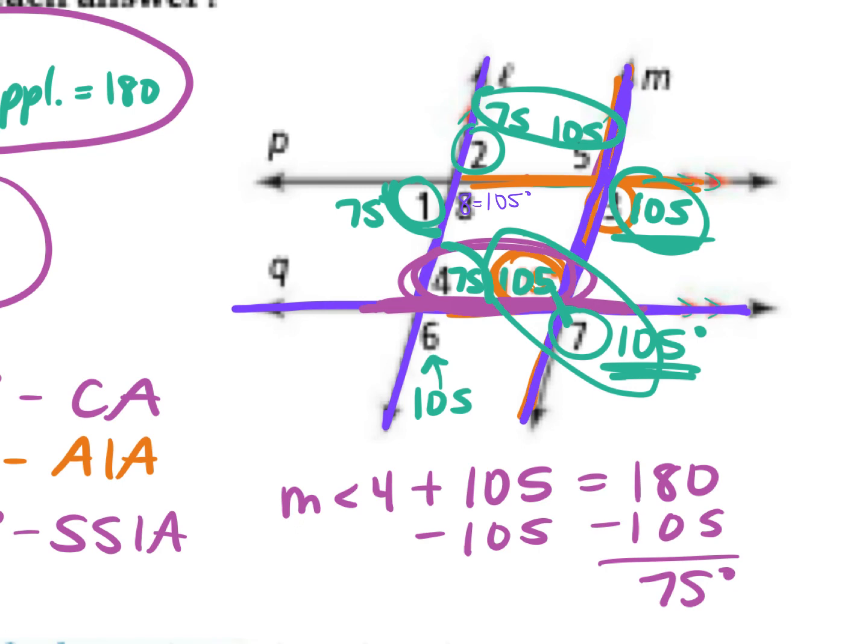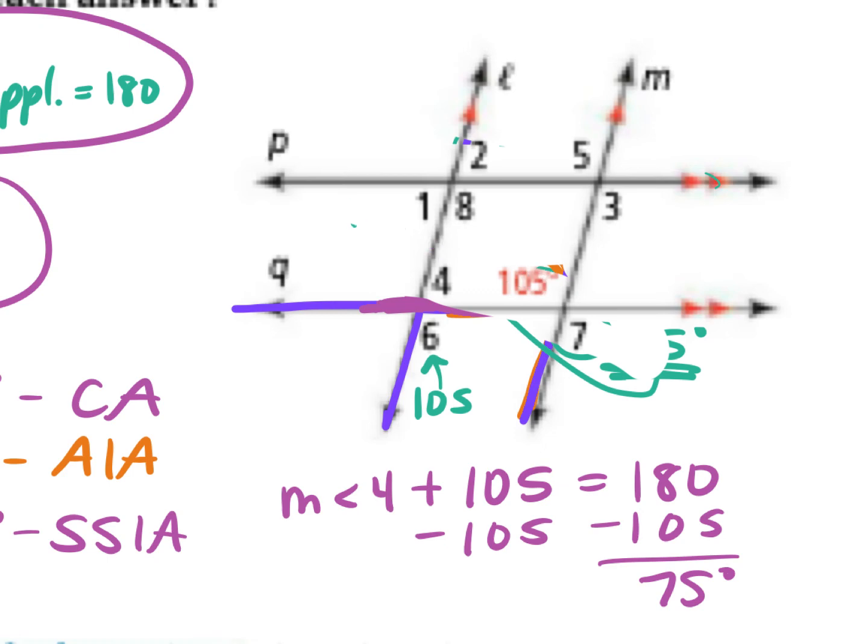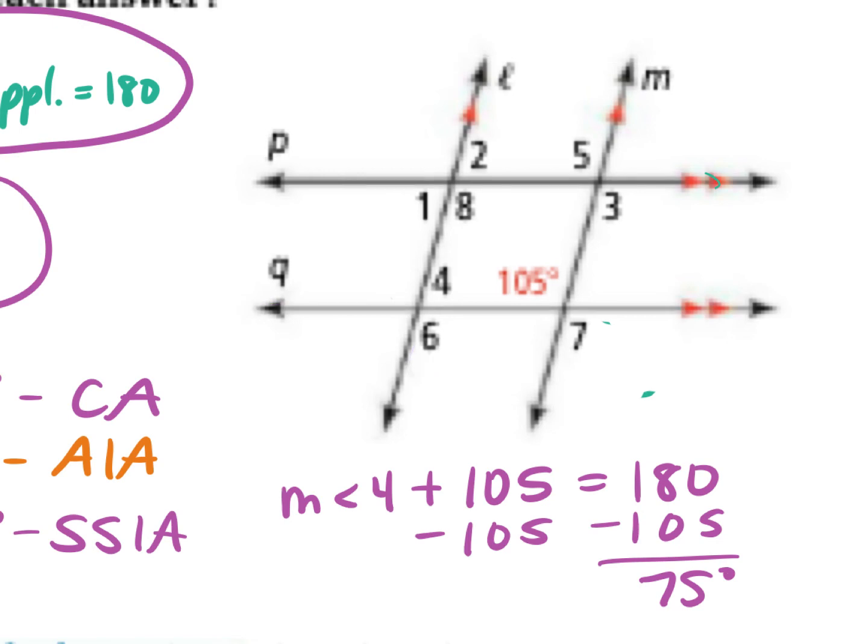Okay, now listen. Now that we've found all of them, let me show you how simple this truly is. I'm going to erase it all. That's okay, you don't need to erase it. I just want you to see the relationship here. Every single angle is either 105 or 75, right?